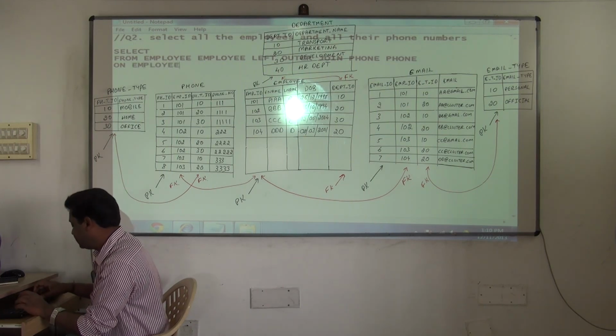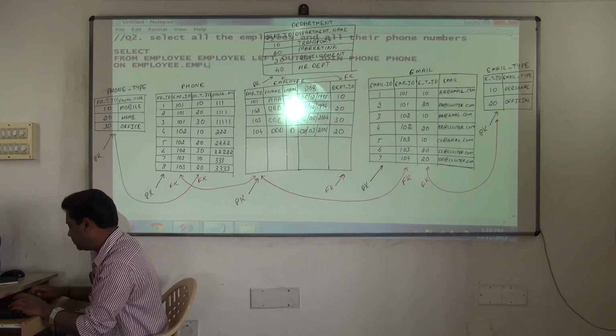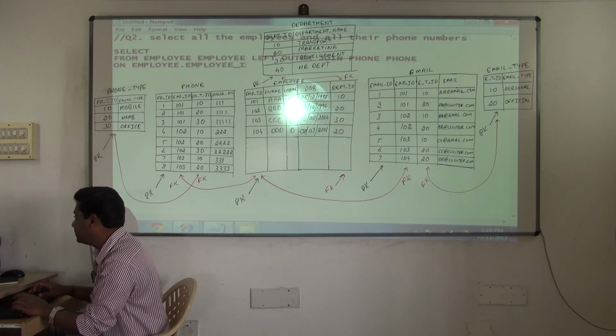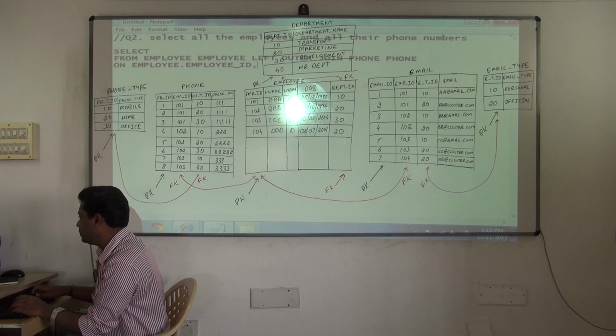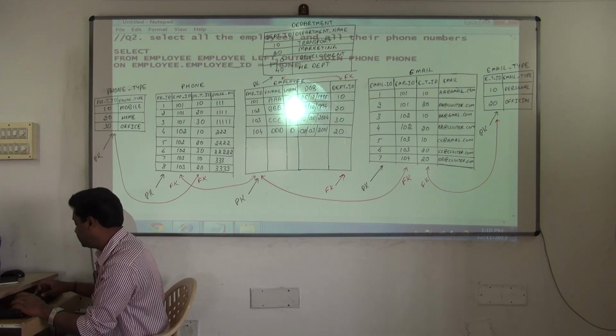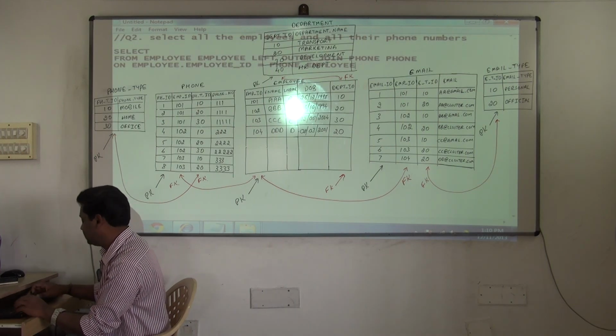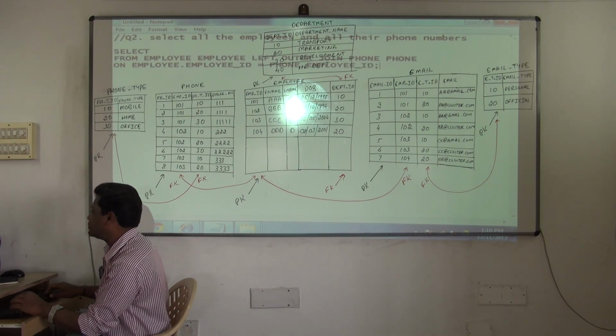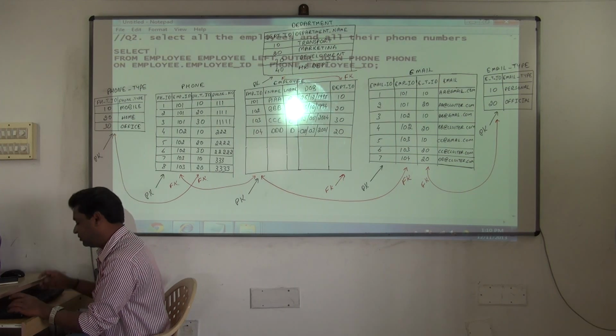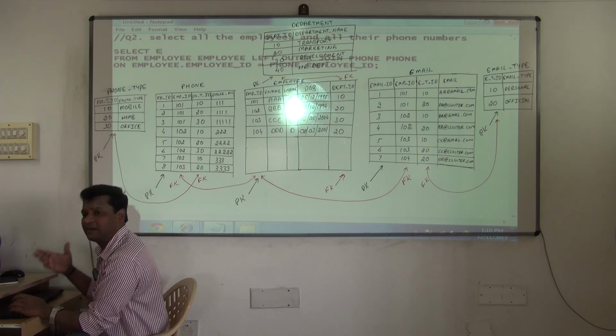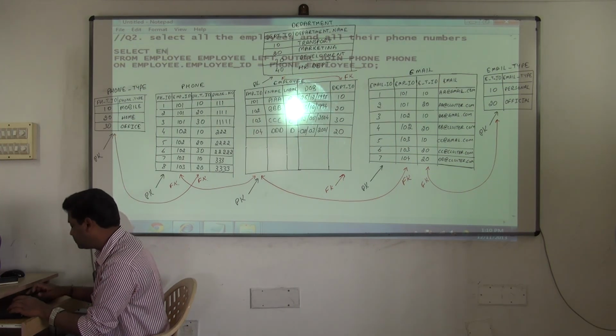Employee.employee_id is equal to phone.employee_id. Done. Which column do you want to select? That you decide. Otherwise it will select all the columns. Among the multiple columns, you decide.